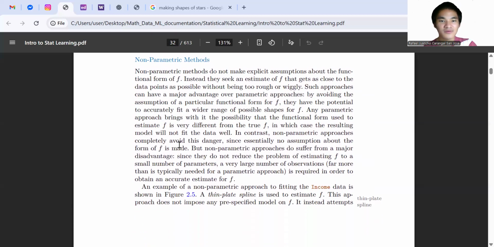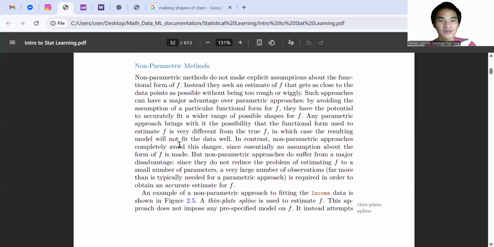Okay, now we're going to talk about non-parametric methods. Non-parametric methods do not make explicit assumptions about the function, so here we actually don't make assumptions. Instead, they seek an estimate of f that gets as close to the data points as possible without being too rough or wiggly.